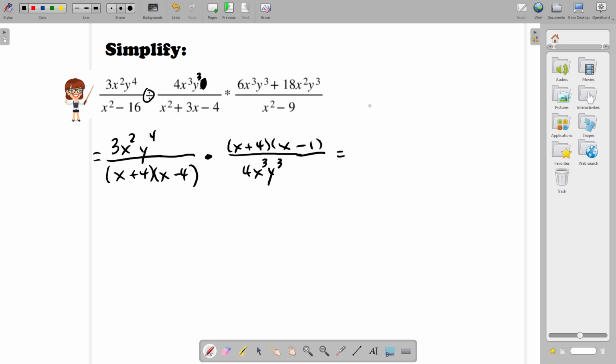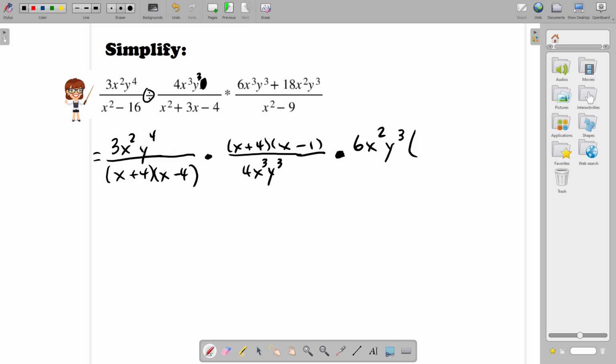And then on the top, we can factor out a 6 from both of these. We can factor out an x squared from here and here. And I'm sorry, that should be multiplying, factor out a y cubed.